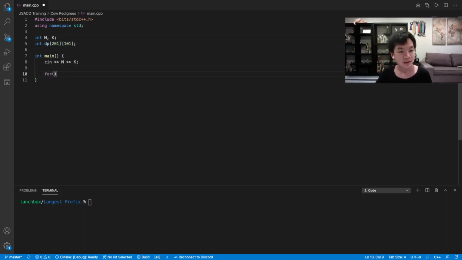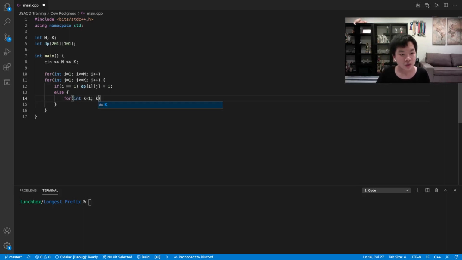Okay, so we're going to loop through from i equals 1 to n, and we would loop through j equals 1 to k. Okay, so first we need to consider if i equals 1. If this is the case, then our dp of i, j would be equal to 1. Otherwise, we will loop through each small k from 1 to i.